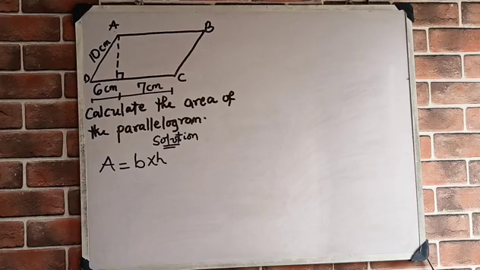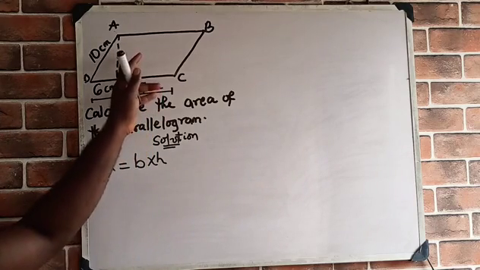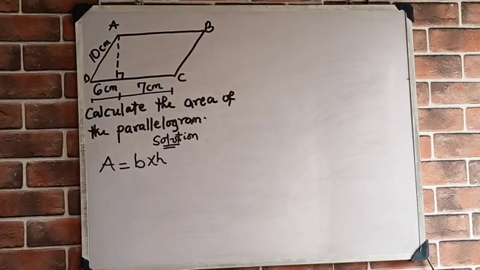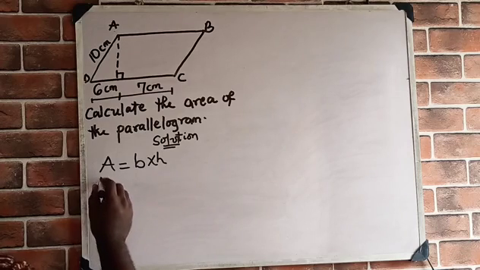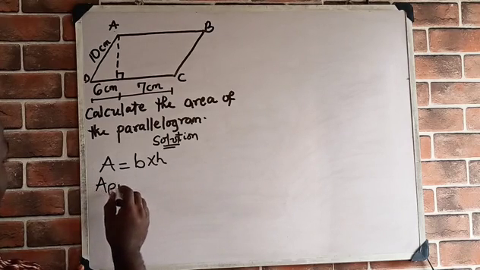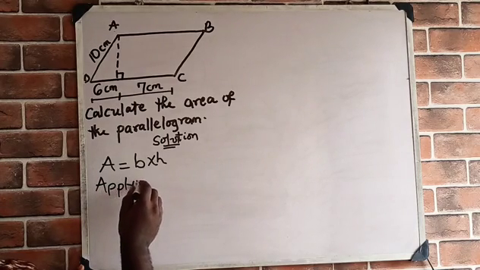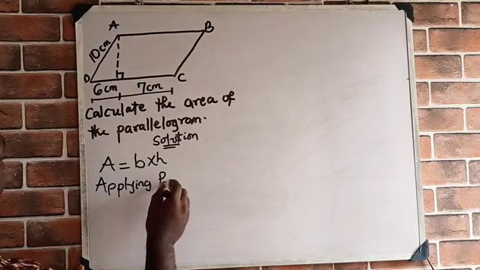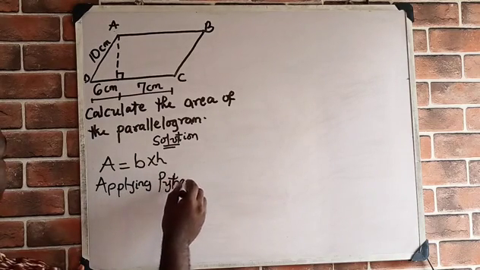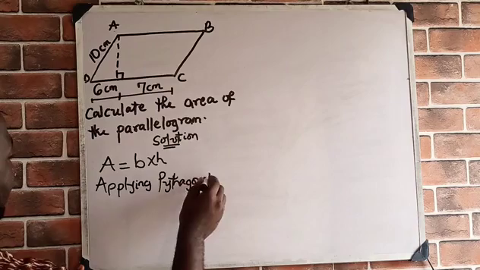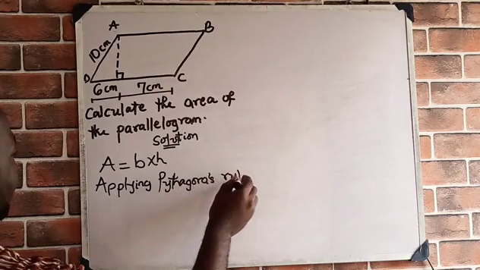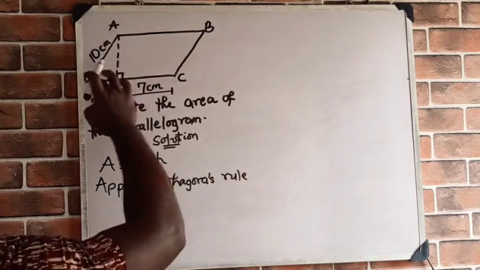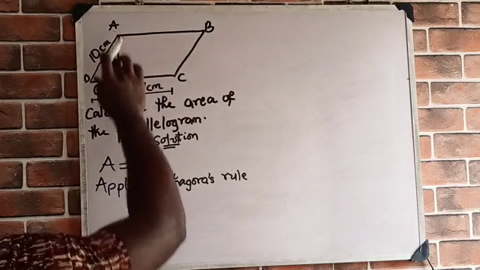But using the Pythagoras rule, we can obtain this side and then get our area of the shape. Applying Pythagoras rule, the rule is applied on this triangular shape only.